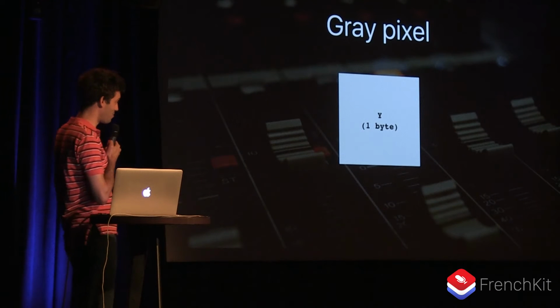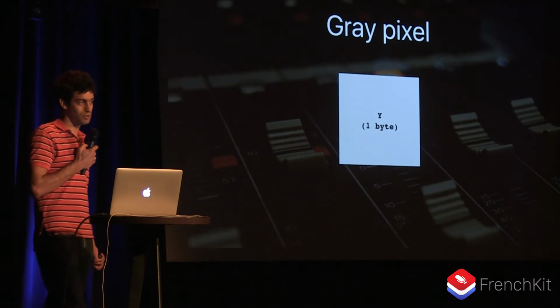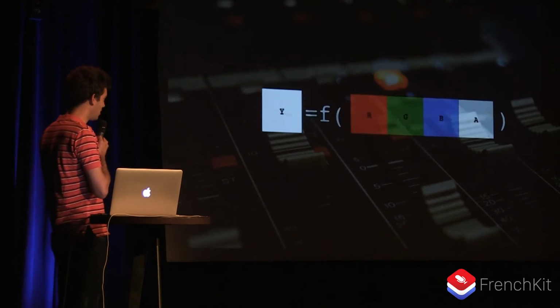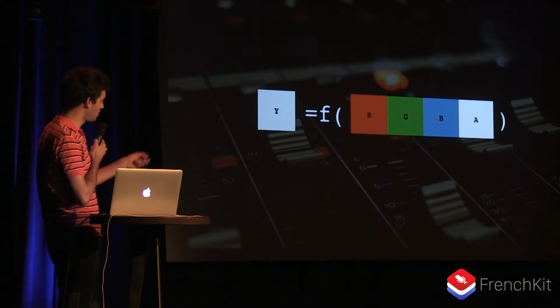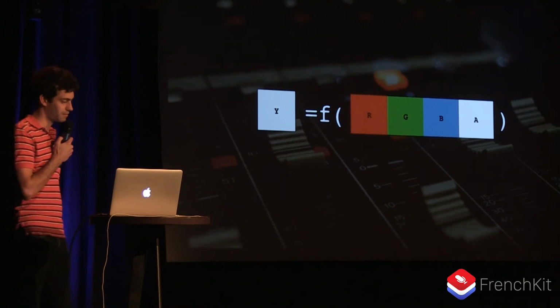So what does that mean? Each byte is an integer between 0 and 255. A gray pixel is 1 byte, and it's just a value between 0 for black and 255 for white. So what we are looking at here is a way to convert this array of 4 components into 1 byte.